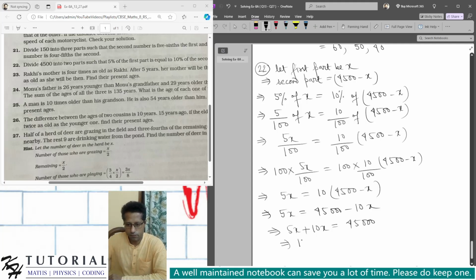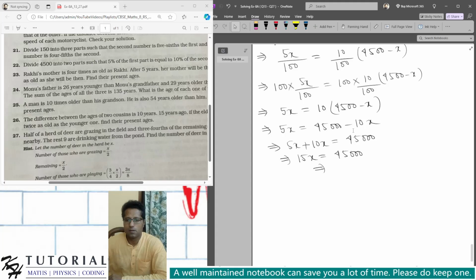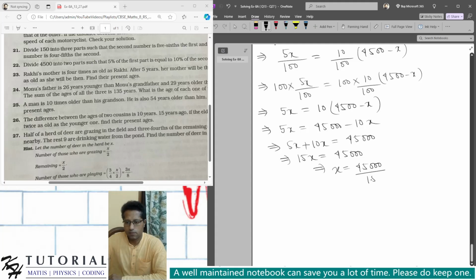This implies 15x is equal to 45000. This implies x is equal to 45000 divided by 15, and we get 3000. So x is 3000.